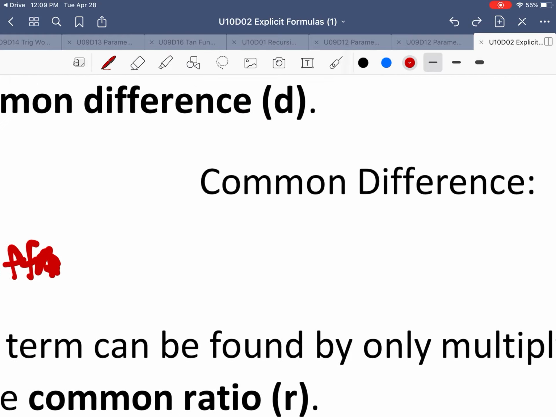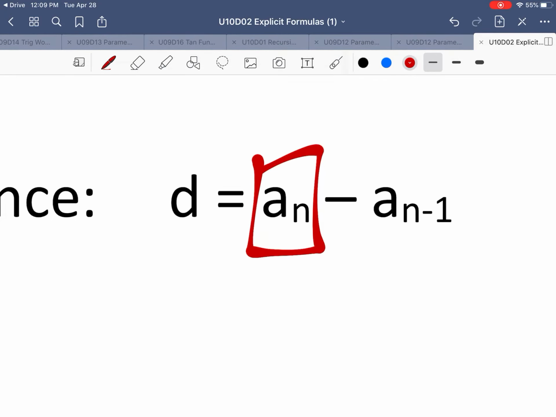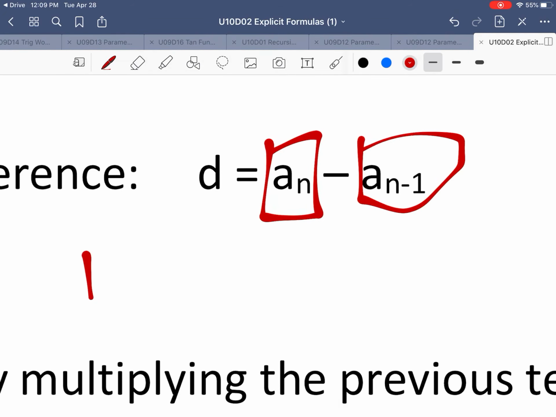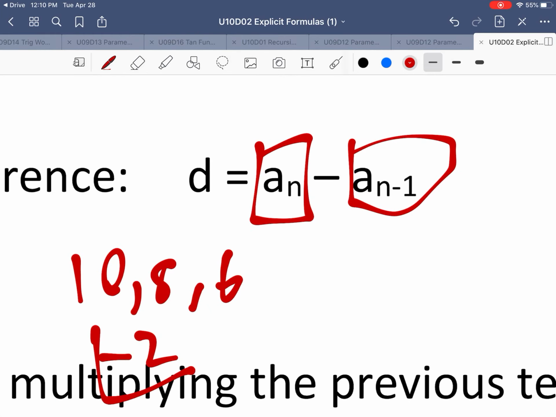And the common difference has a formula that says take any term and subtract the term before it to find the common difference. So if I come up with an arithmetic sequence, which is a sequence where I just keep adding, like 10, 8, 6. This rule appears to be minus 2, which just means that the common difference should be negative 2, which I can see by taking any 2 terms in the sequence.